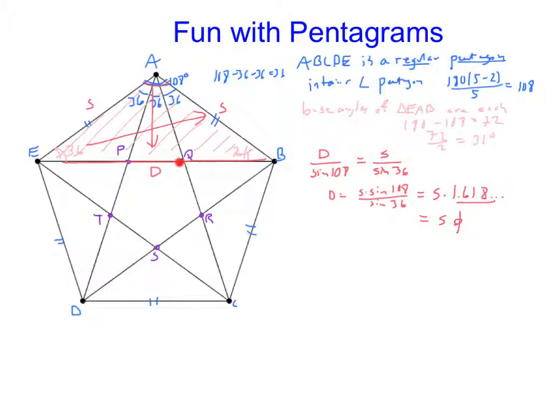Now, for this little part here, we have these portions over on either side. I'll call that L for little portion. The triangle here, EPA, is an isosceles triangle, so we also see that L over here. And that triangle is actually congruent to this triangle over on this side too. So both of those are L's.